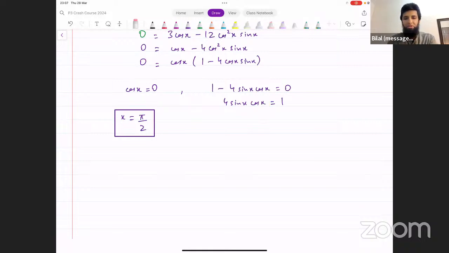The second condition is that we should only have one type of function. We can't have multiple functions. We have sine x here, and we also have cos x here. We have both sine and cos. Now, how can we convert it to one function? How do we convert it to either only sine or only cos or maybe tan?